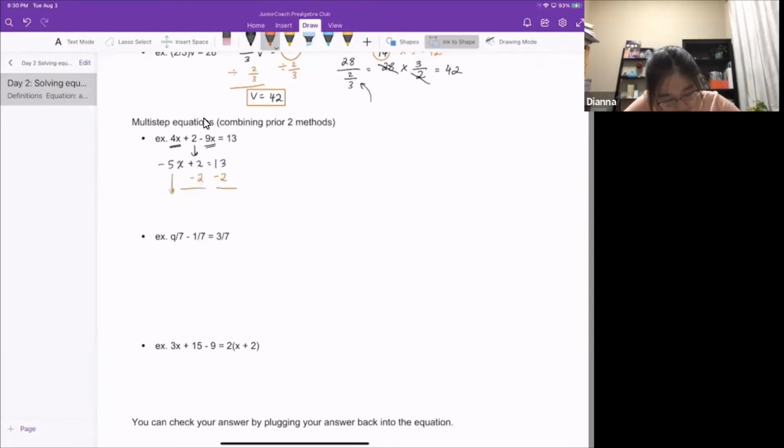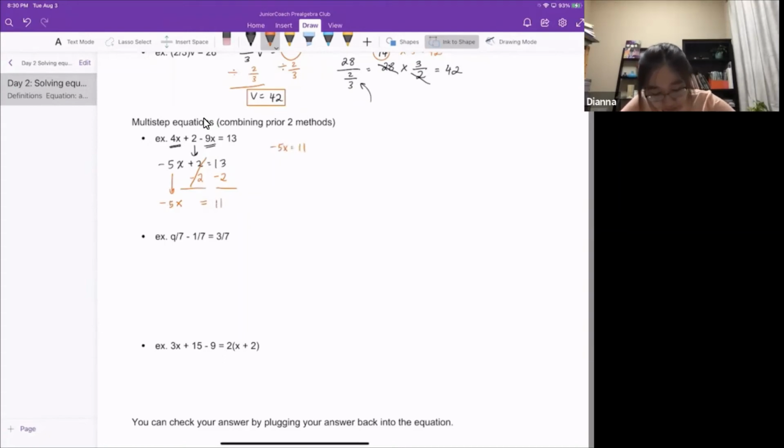So this just gets scooted down. Negative 5x equals. So negative 2 plus 2 is going to be 0. So this part goes away. And 13 minus 2 is going to be 11. So negative 5x equals 11. So we're not done yet, right? Because we didn't get x by itself. And so here, negative 5x equals 11.